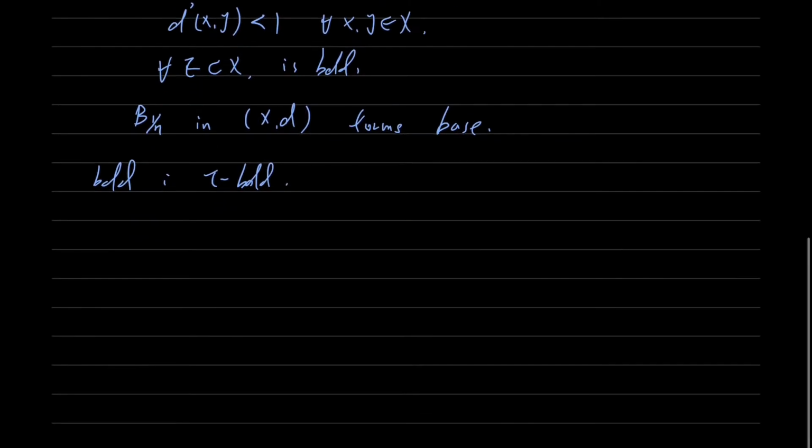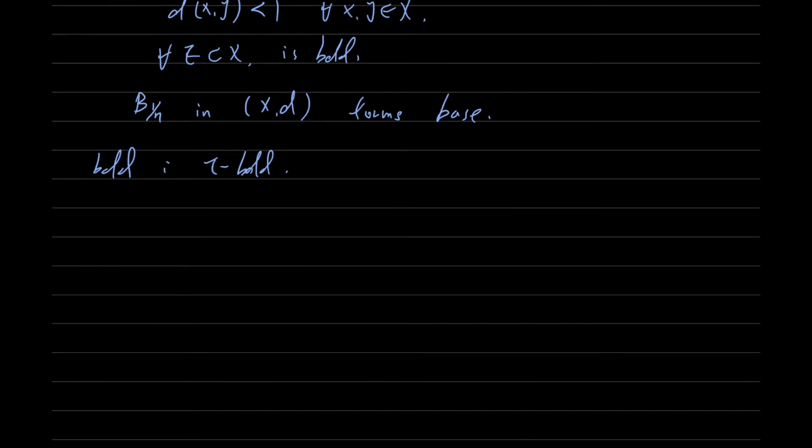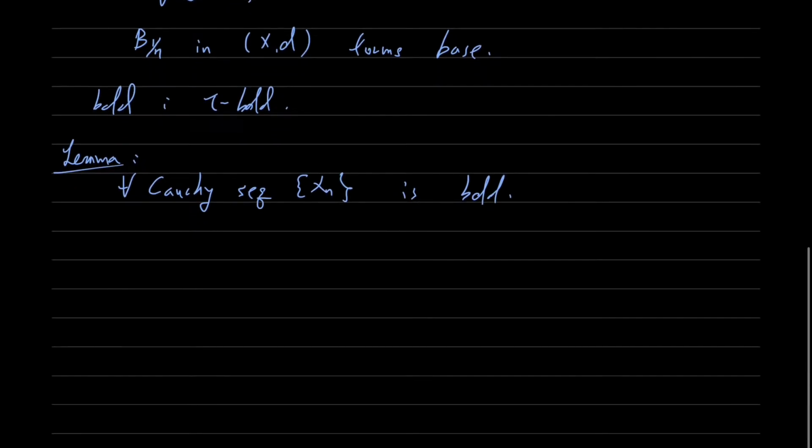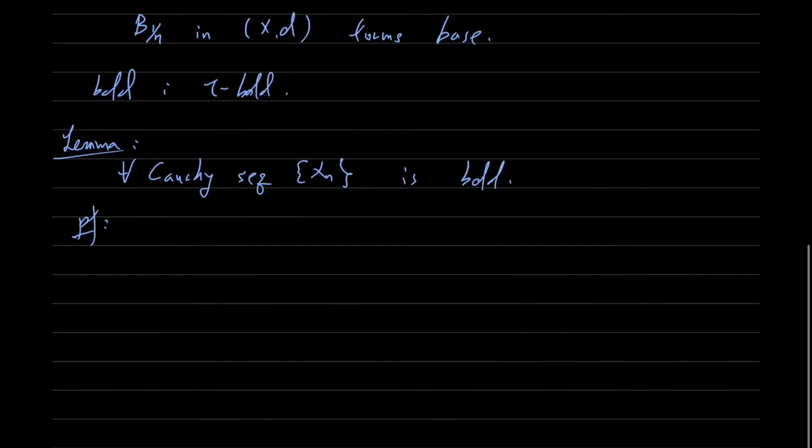So let's prove a little lemma here. Every Cauchy sequence, let's call it x_n, is bounded. The proof is very easy. It follows from the definition of a Cauchy sequence in section 1.25.